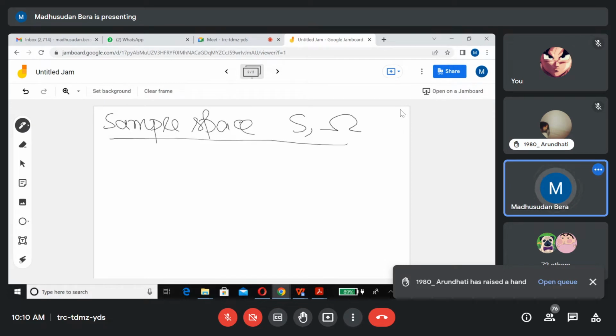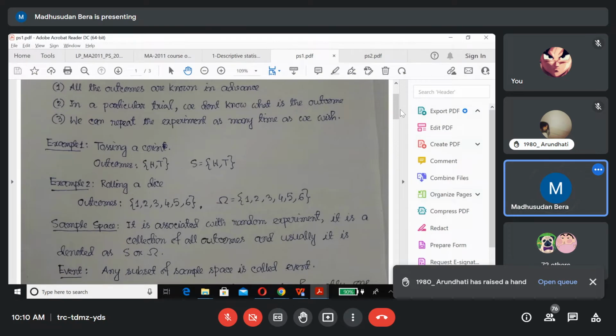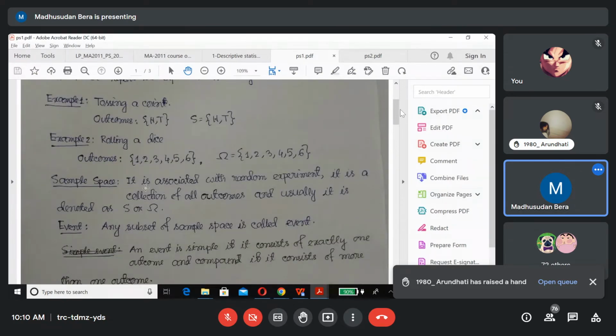Sample space, that is, collection of all outcomes. Okay, collection of all outcomes, that is a sample space. So it is associated with a random experiment, collection of all outcomes, and usually it is denoted by S or omega.